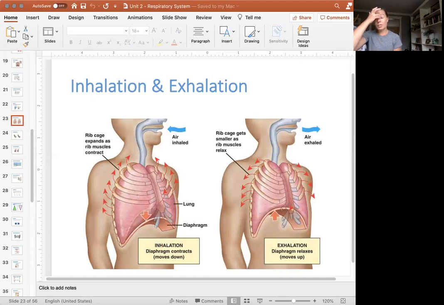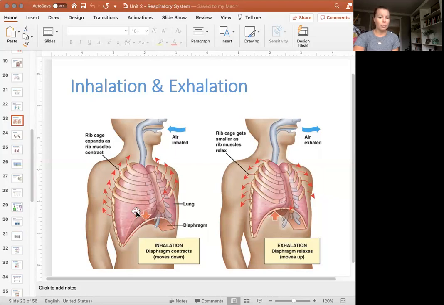During inhalation, I'm just going to explain some of the steps that occur. This is an active process, which means that it requires energy from the body. The body is actively contracting muscles like the diaphragm, which is a muscle that's located under the rib cage, and also intercostal muscles. When these muscles contract, the diaphragm, pictured here, moves down.